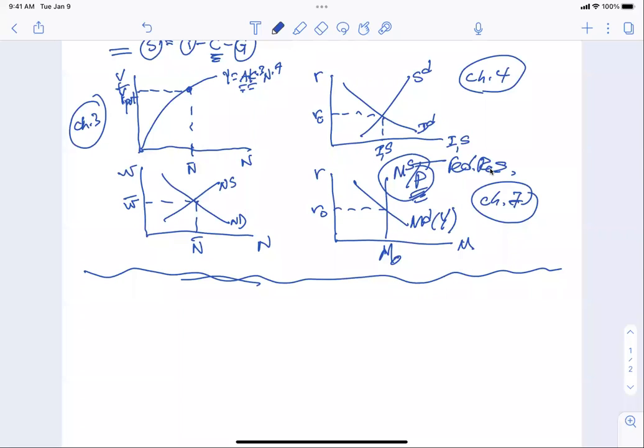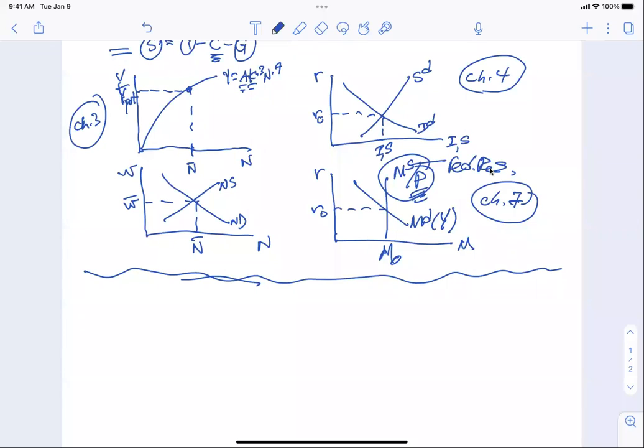Every point on the LM curve is an equilibrium in the money market, and every point on the IS curve is an equilibrium too. So the equilibrium real interest rate in the money market had to have fallen. That can only happen if the money demand went down or the money supply increased, or the real money supply increased.